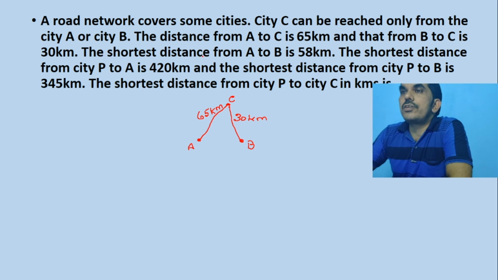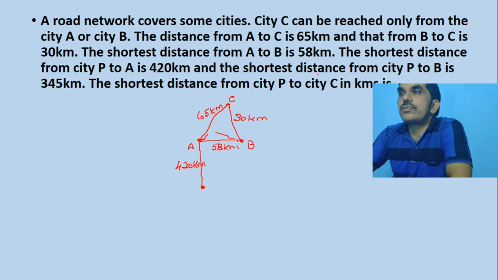The shortest distance from A to B, there may be many paths, but the shortest distance is 58 km. The shortest distance from some city P to A is 420 km.